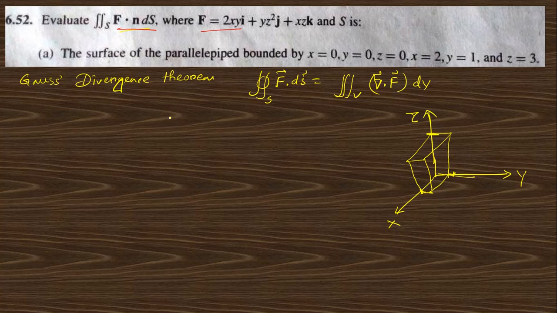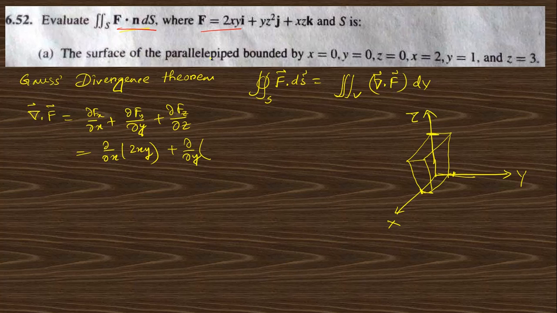For the closed volume we need to find the divergence of A. What is the value of the divergence? It is del f_x by del x plus del f_y by del y plus del f_z by del z. The x component is 2xy, so this is del by del x of 2xy, and so on.